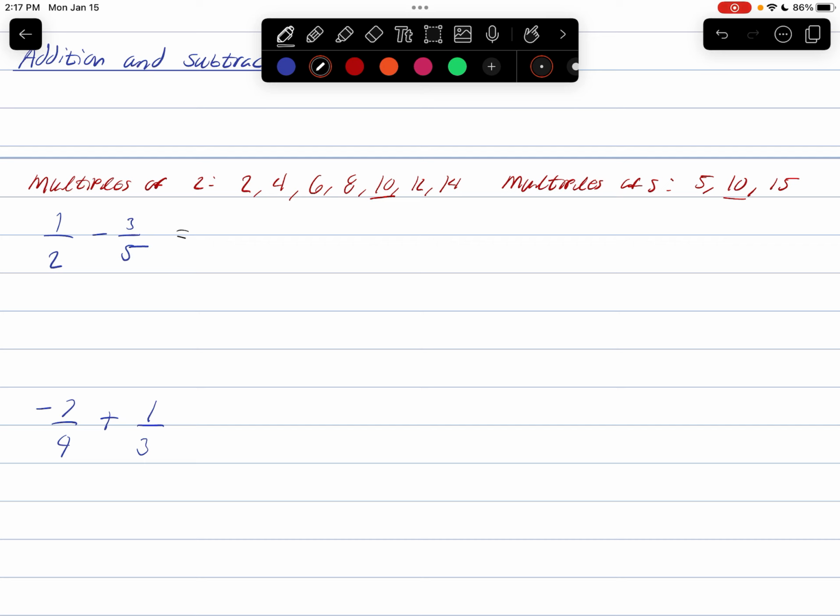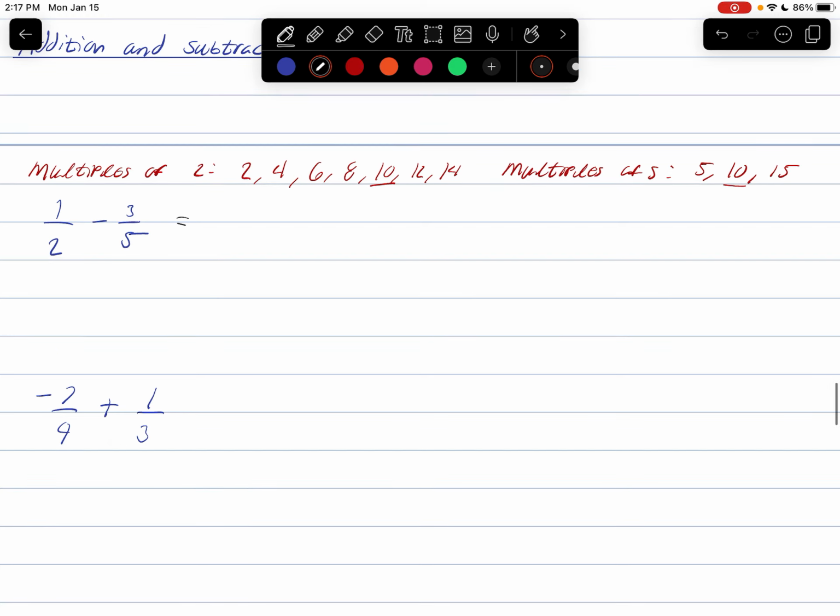And we're able to multiply the number on the left-hand side here by the denominator of 3/5 over itself. So specifically, we can rewrite this as 5 over 5 times 1/2 minus 3/5 times 2 over 2.